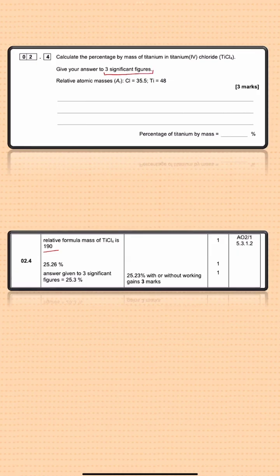So you would get an extra mark if you just said 25.3 because that's giving it in 3 significant figures. If you didn't give it in 3 significant figures, you wouldn't get this last mark. You'd only get 2. So if it ever specifically tells you to give your answer in a specific number of significant figures, make sure you do that. Hopefully that makes sense. All right, on to the next question.